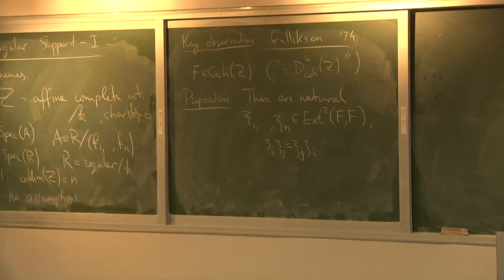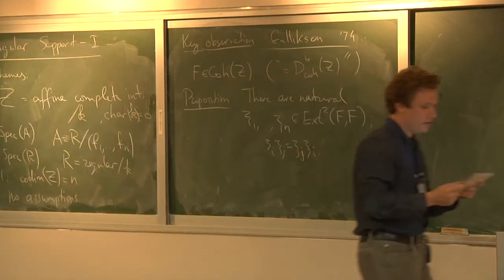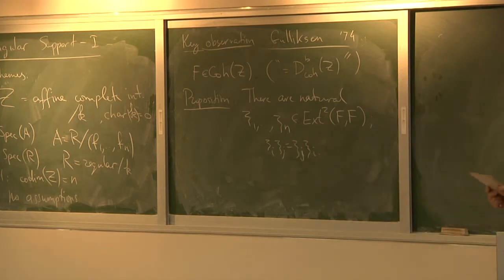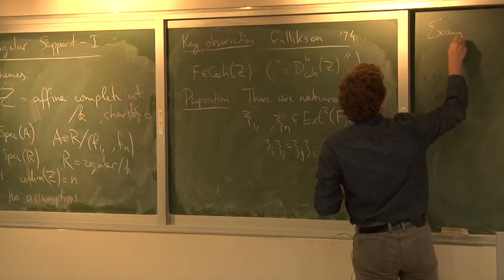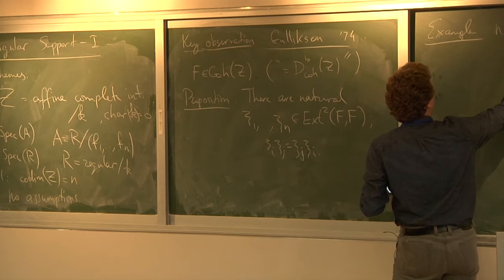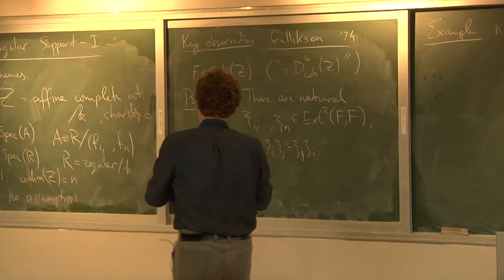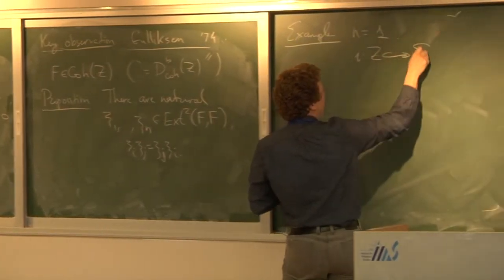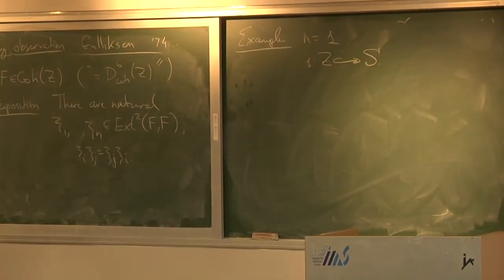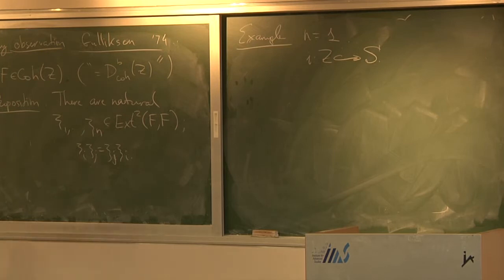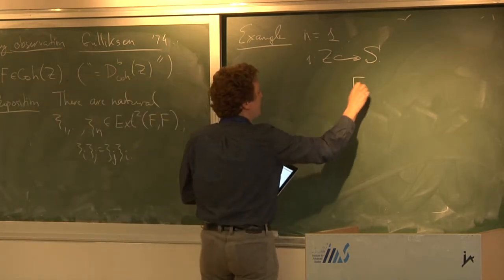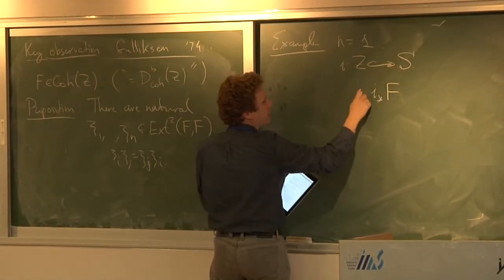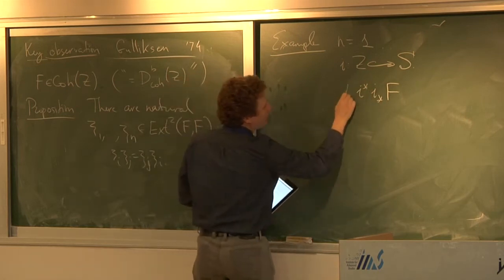Now, I'm not going to prove this statement, but let me quickly explain at least one way how something like this can naturally appear. So let me suppose that n is equal to 1. So it's a hypersurface, which is also a very classical case. Let me denote by i the embedding of this hypersurface into the smooth ambient scheme S. So let me start with F, first push it forward to S and then restrict back.